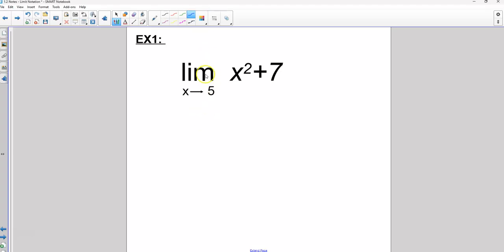We got limit as x approaches 5 of x squared plus 7. Whenever you read this, you've got a couple options on how you can read that. I usually say the limit as x approaches 5 of x squared plus 7.